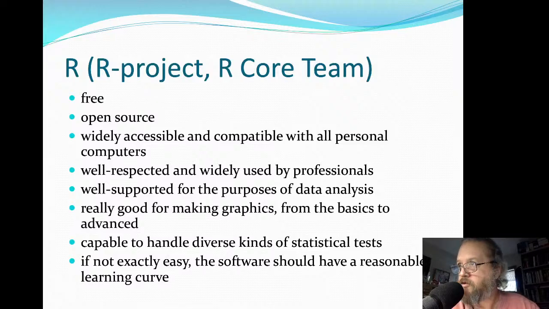If you learn how to code, you can make Excel or Google Sheets or just about any spreadsheet program do some really very sophisticated statistical procedures. But you have to know how to code, or you have to be willing to buy additional software that plugs into those programs to gain that function.